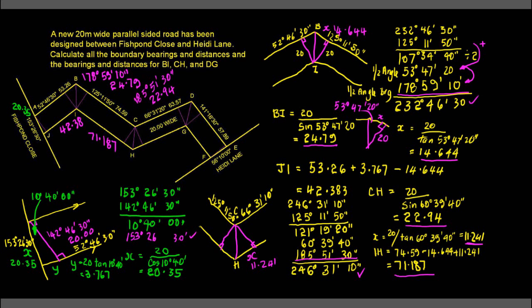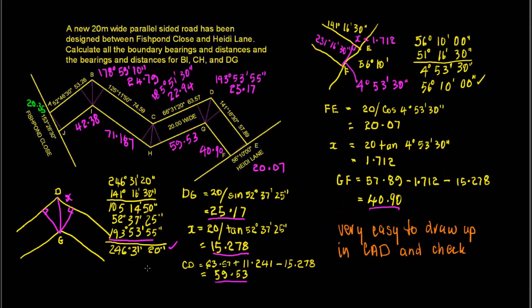Let's move on. It's pretty much more of the same, but here we go. We look at DG again, another half angle, a typical half angle calc there, with the half angle and the half angle bearing. We calculate out our 193, 53, 55, we calculate out our 25.17, and when we calculate in here our little x bit, or the secant distance, I think some might call it, I'm not sure, there was a name for it, it's escaping me at the moment, 15.278.